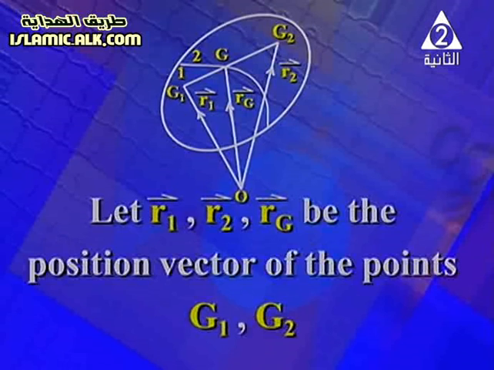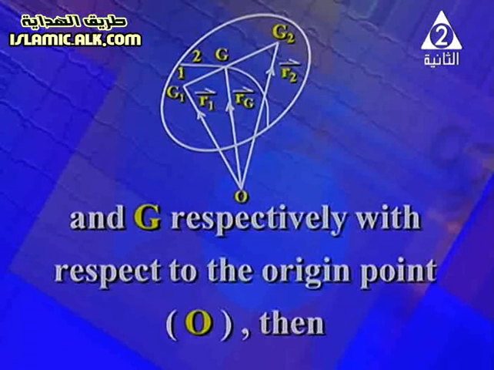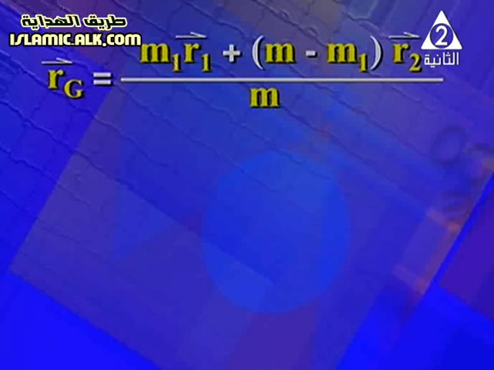Let r1, r2, rg be the position vectors of the points g1, g2, and g respectively with respect to the original point O. Then we know that the position vector rg equals m1 r1 plus (m minus m1) r2 vector over m.